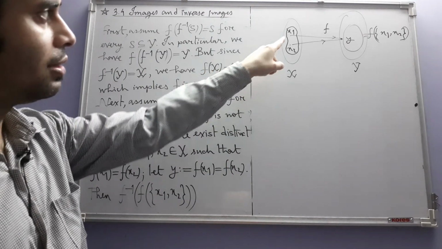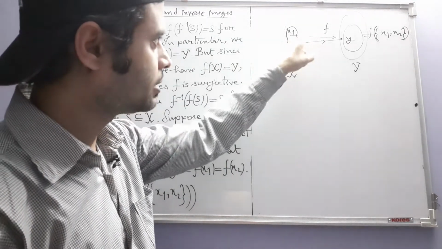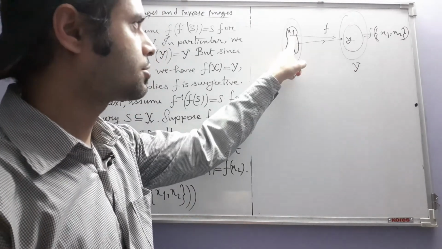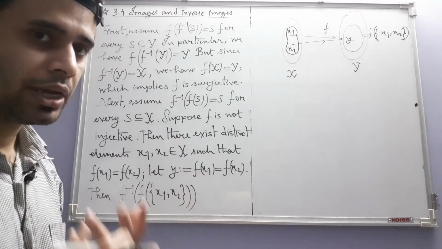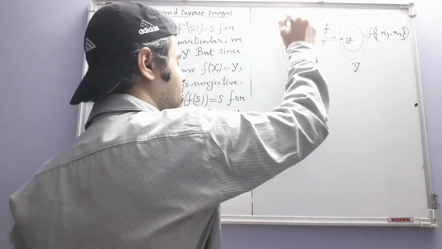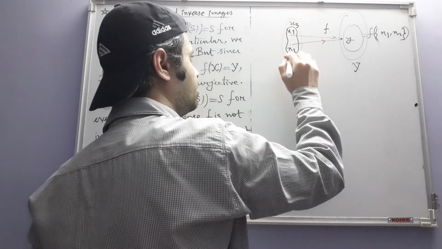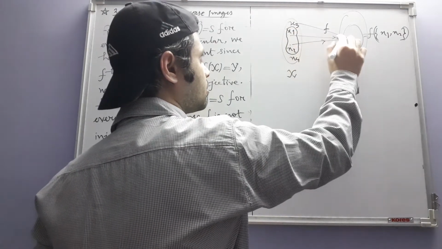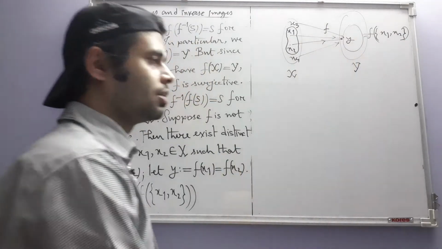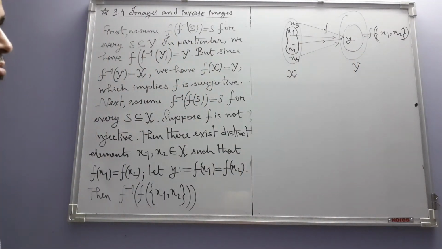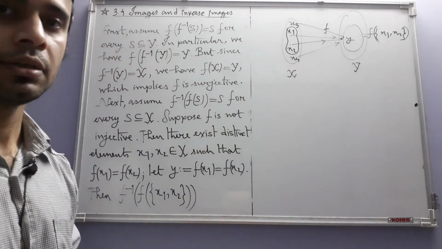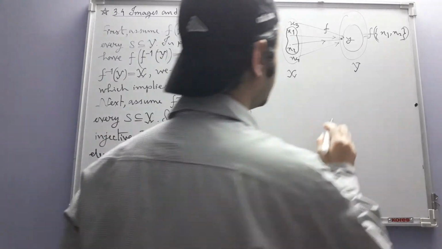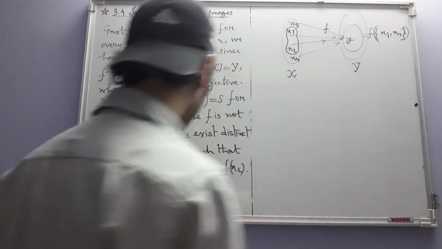Now note that although x1 and x2 are inputs and y is the output, it may or may not happen that there are some more elements whose outputs are also equal to y. But whatever be the case, in the inverse image of this set, we will definitely have x1 and x2. But there may be more.